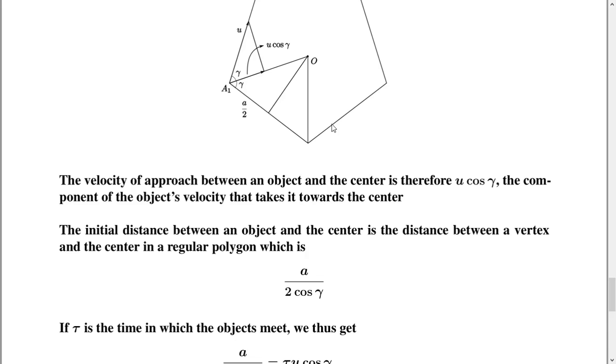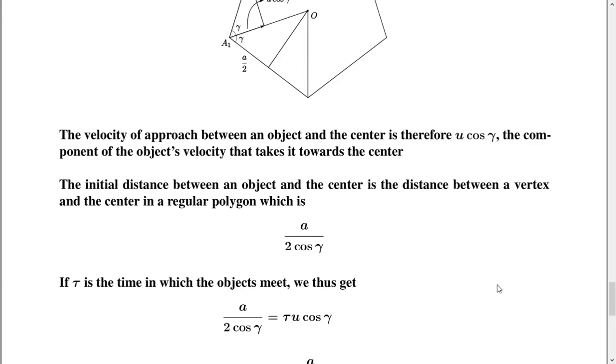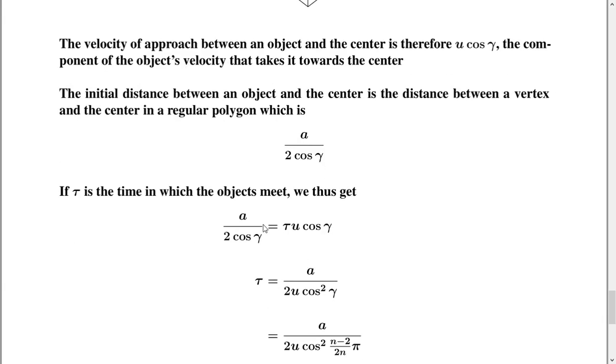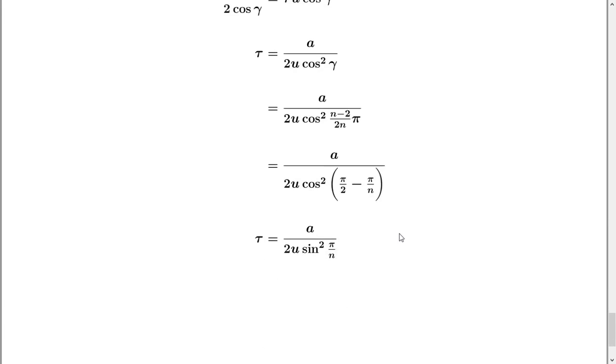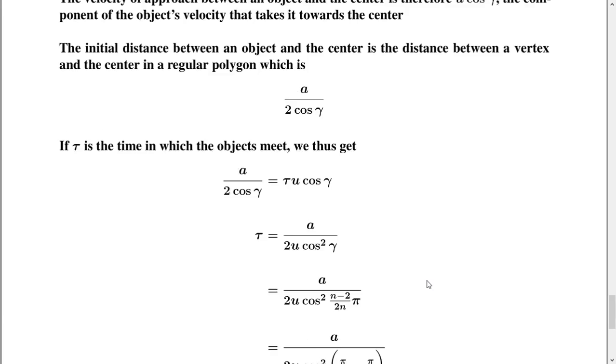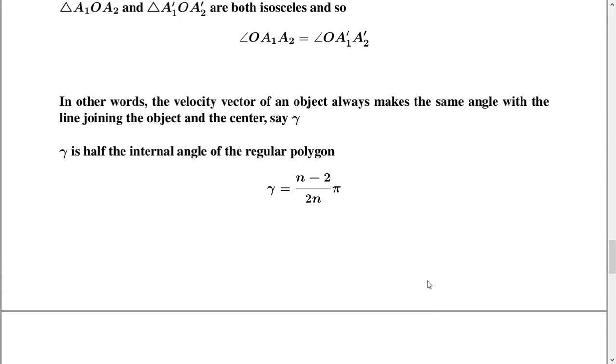So if all the objects meet at the center at time tau, then tau times the velocity of approach is equal to this distance. When you simplify this, you again get the same answer, tau equals a by 2u sine square pi by n.